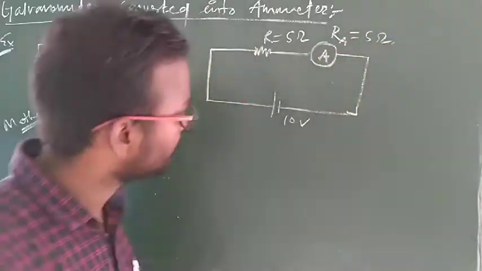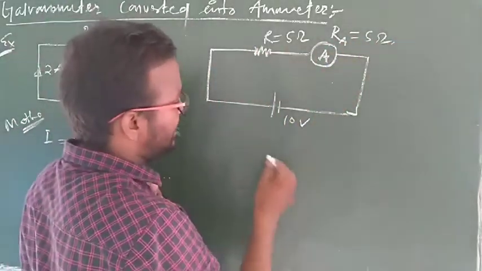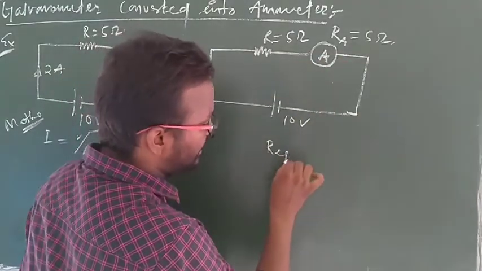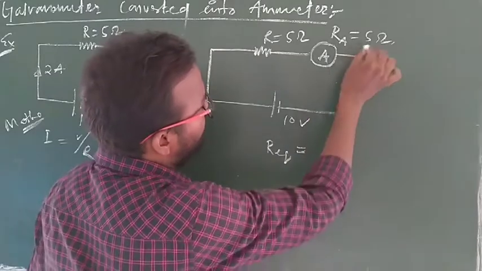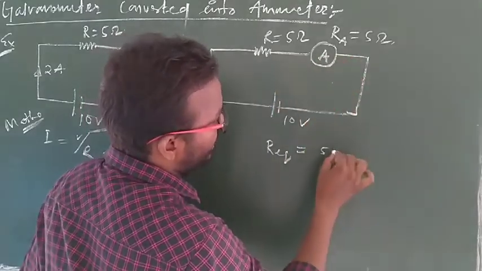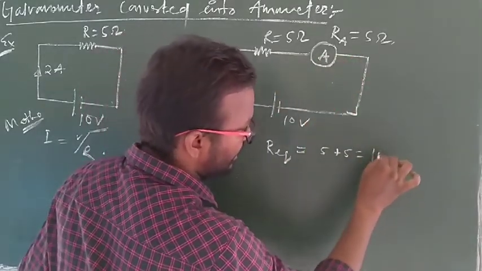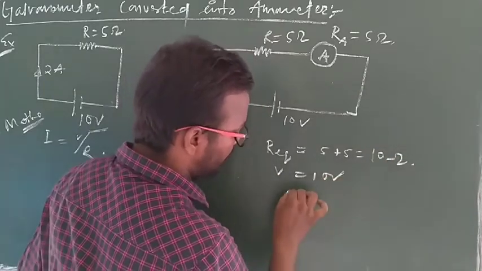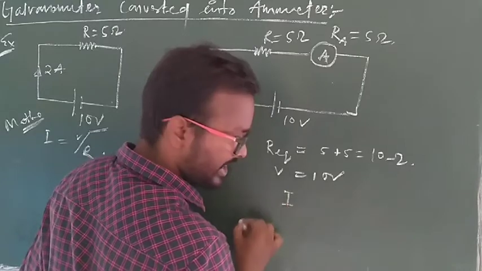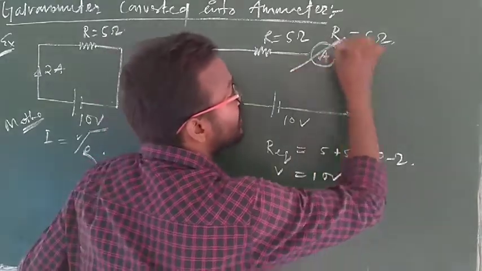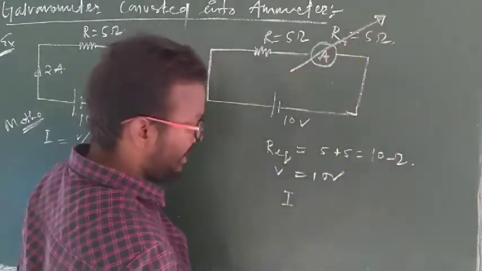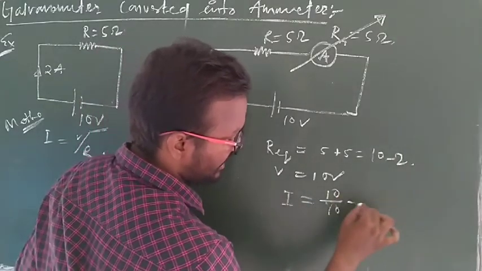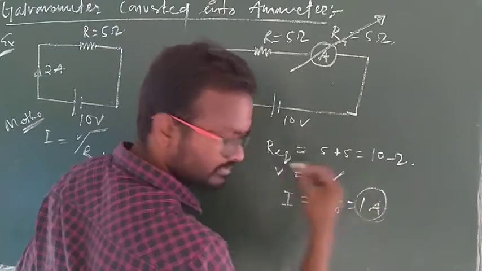Then the total equivalent resistance of the combination, as a series connection, is 5 plus 5 equal to 10 ohm, and the total voltage is 10 volt. Then the current flowing through the circuit, or the current read by the ammeter, is I equals V by R, 10 by 10 equal to 1 ampere.